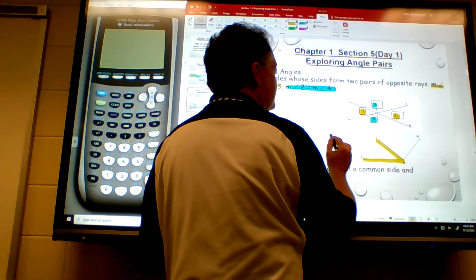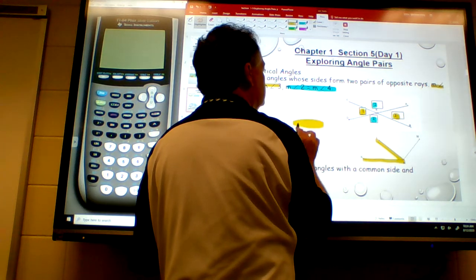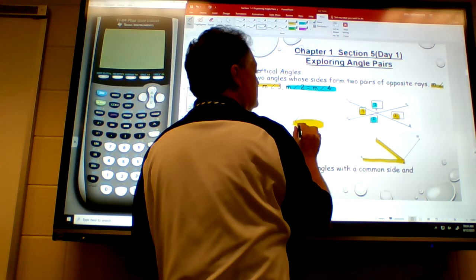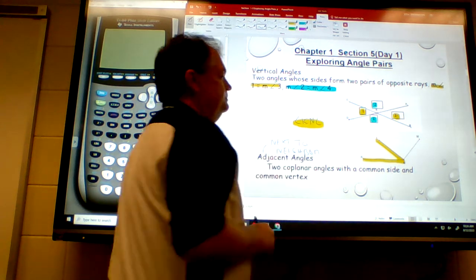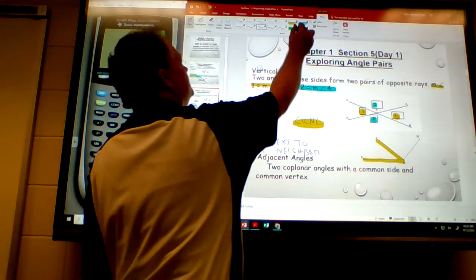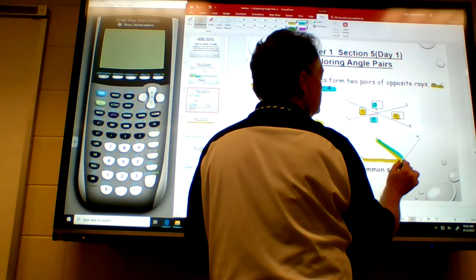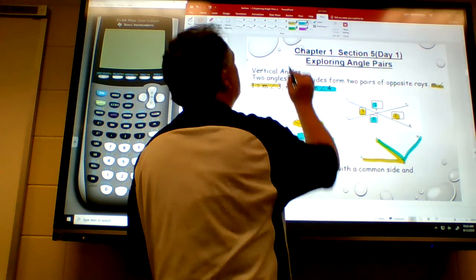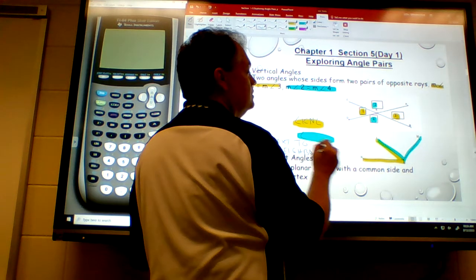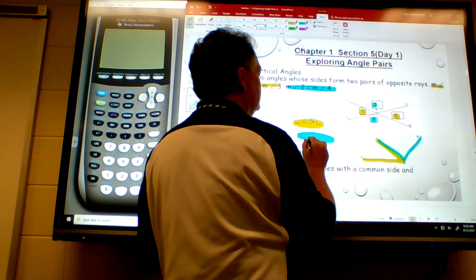Just by the way, in yellow, that is angle KNL. And then the blue, that is angle MNL.